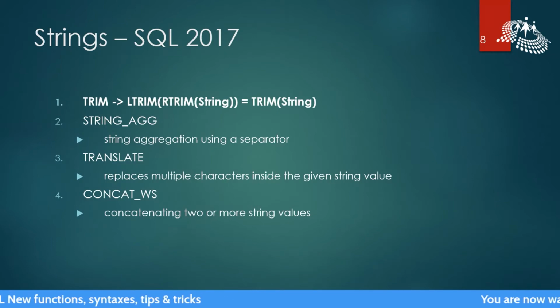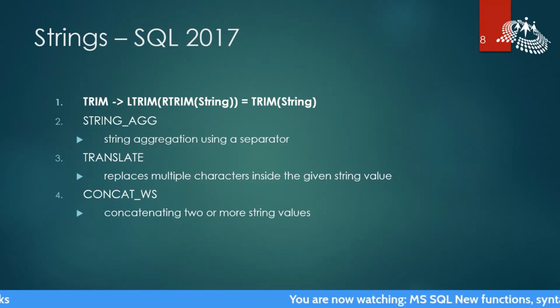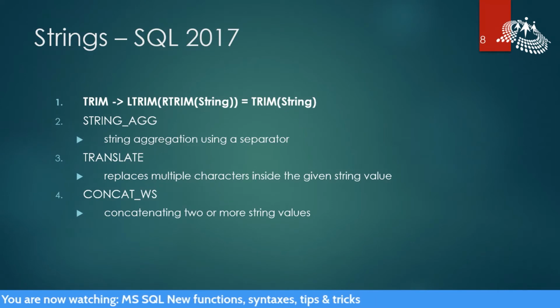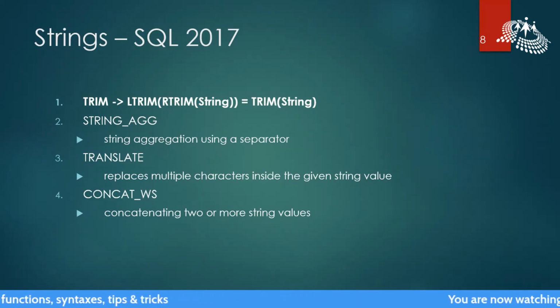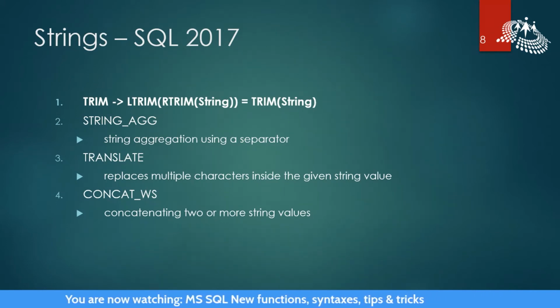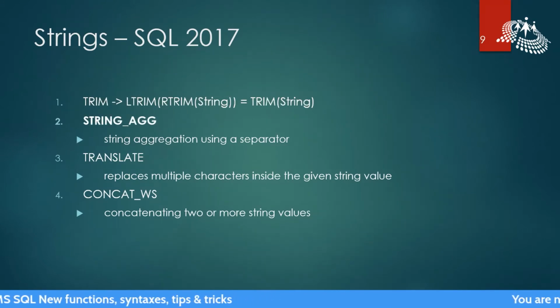TRIM removes space characters from both sides, meaning at the beginning and at the end of the given string value. You could, for example, use some custom CLR function, for example, by using C# trim, but maybe this isn't the best approach for this task.